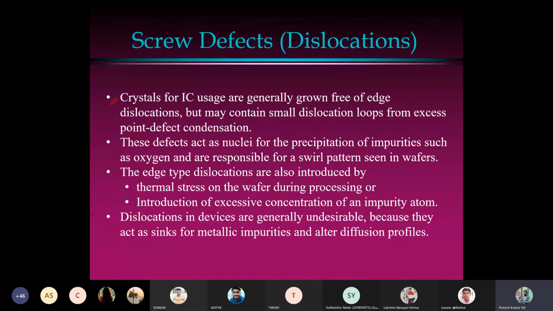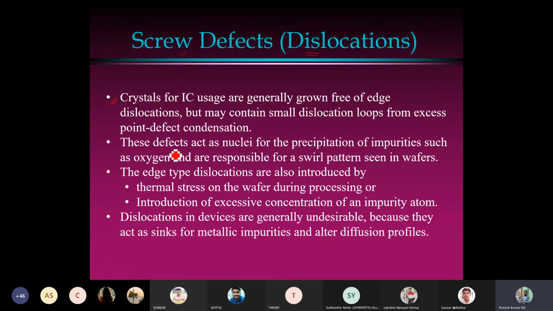Suppose in point defect there is a Frenkel defect, where the crystal atom has moved from its position to the interstitial space. That interstitial space will create some dislocations in the crystal, which can create either a line or screw defect. These defects act as nuclei for the precipitation of impurities.